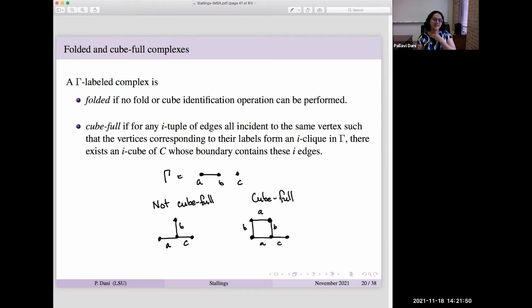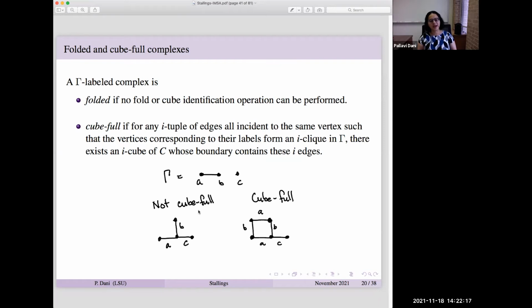We say that a complex is cube full if everywhere where there should be a cube, there already is a cube. I'll just do it by example. In my picture on the left, I've got a central vertex with edges labeled A, B, and C coming out. In the graph defined on top here, I notice that A and B have an edge, which means they commute.